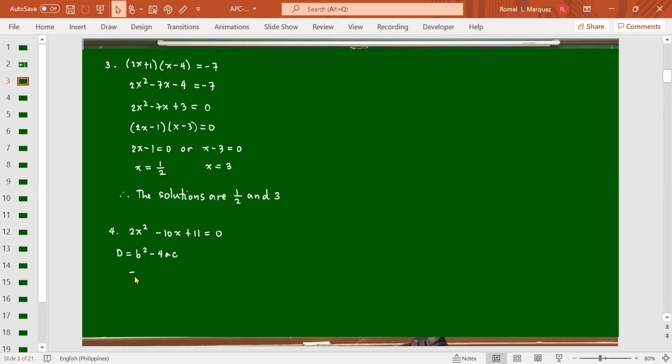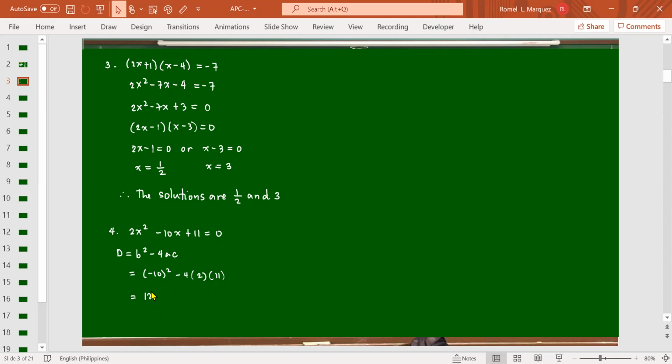So let's check. Our B here is negative 10. Square it, minus 4 times A is 2 and C is 11. So 10 times 10, that's 100. Minus 4 times 2 times 11. So that is 12, which is not a perfect square.